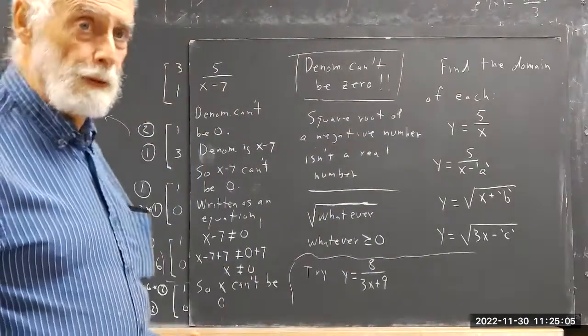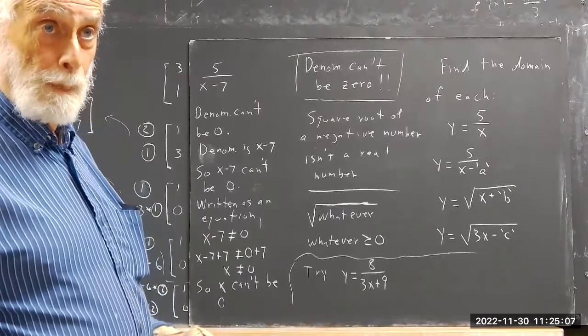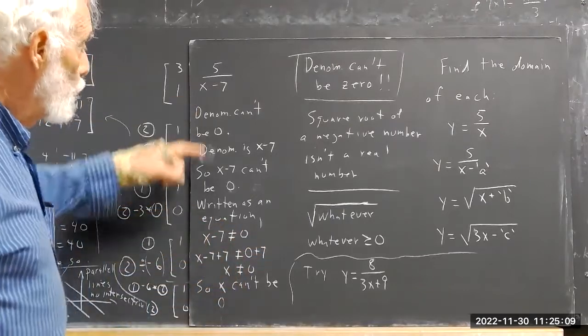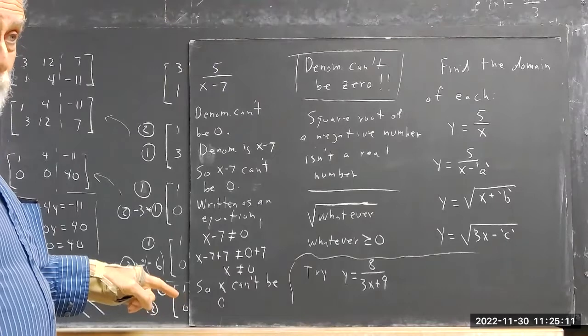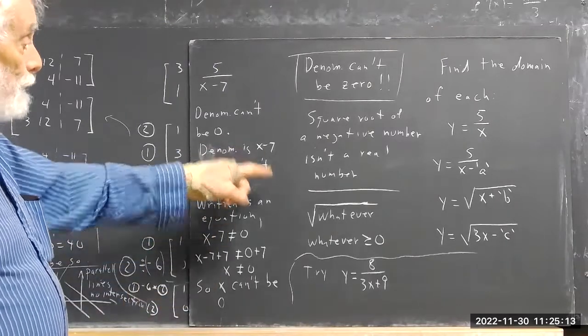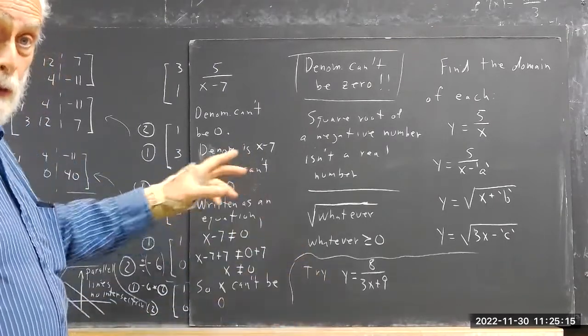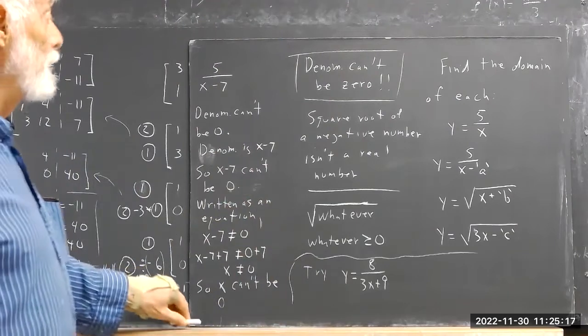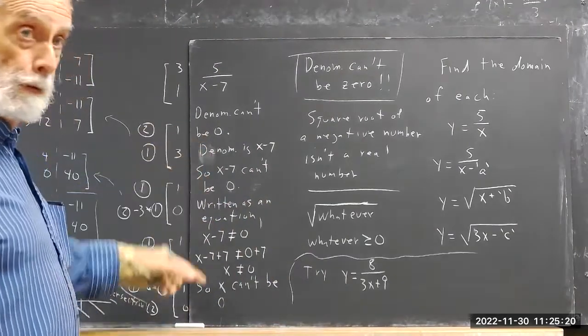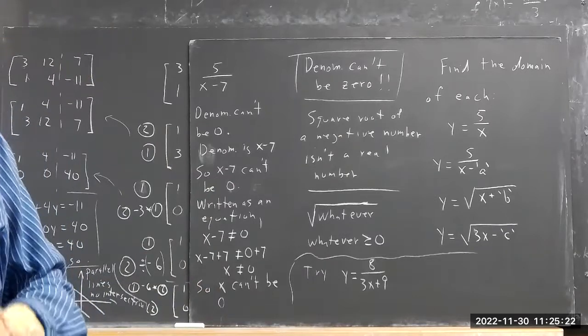8 over 3x plus 9. Okay. Now, write out all my words here. But instead of x minus 7, you're going to write this out. Write out all the words. Even if you got it, I think it's going to be good for you to have this in your notes, where you write out all the words.